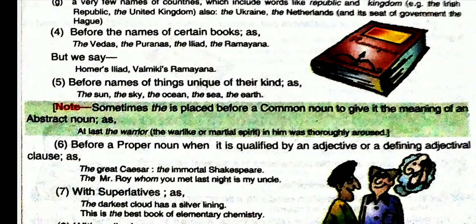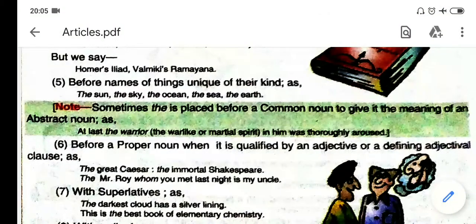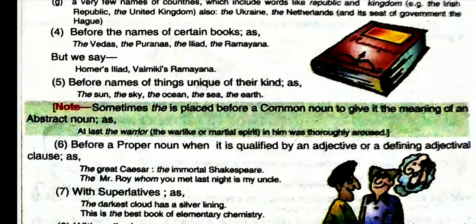Warrior is not an abstract noun. It's a concrete noun. Warrior is a common noun as well as a concrete noun, but we use the article the before this concrete noun to give it the meaning of an abstract noun.